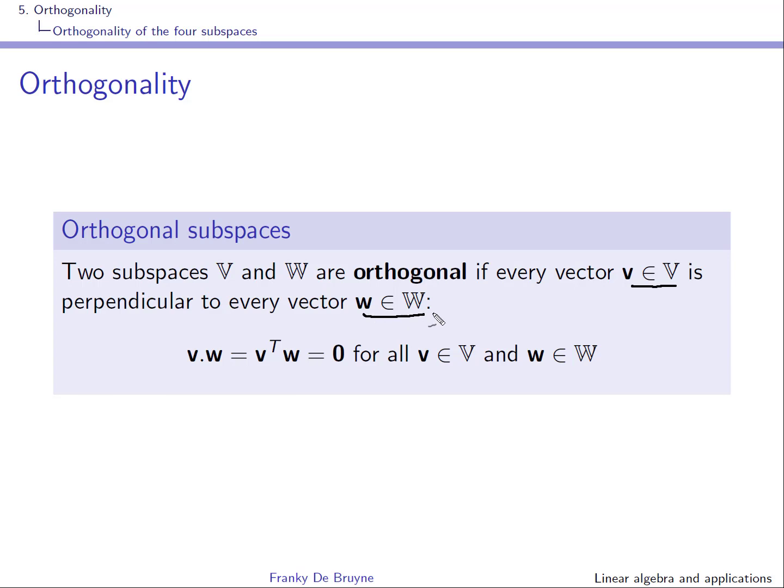Okay, so here we have two subspaces V and W that are orthogonal, and this means that for every v and w the scalar product v·w is equal to 0. So you can also write it in a matrix kind of notation, or you could even write it like this, v transpose w is equal to 0.